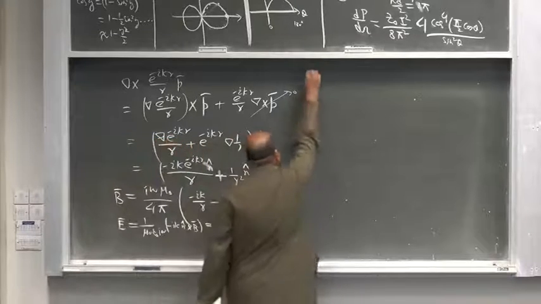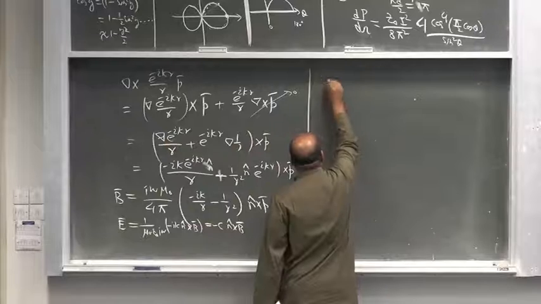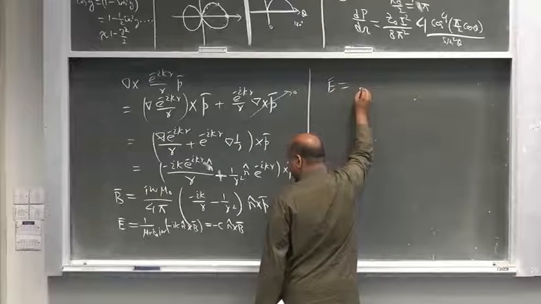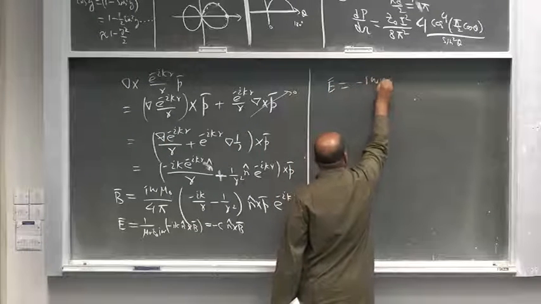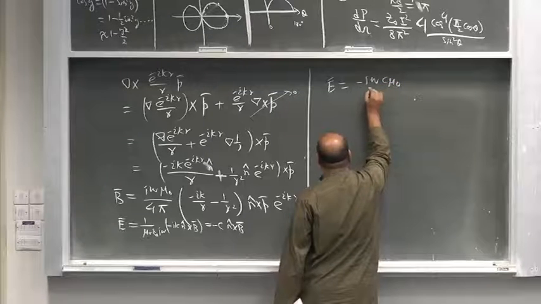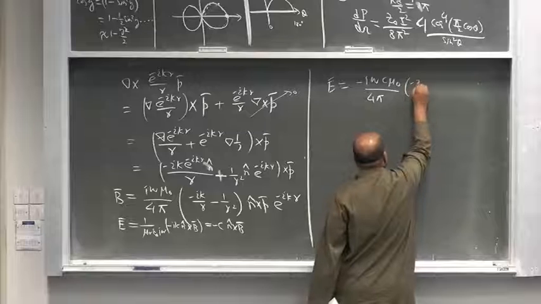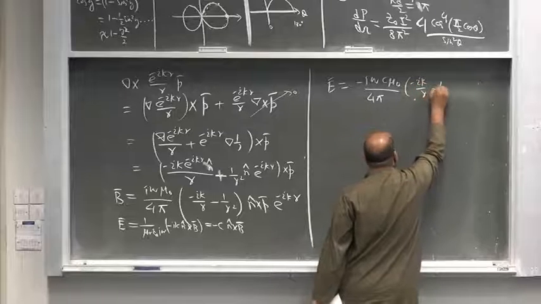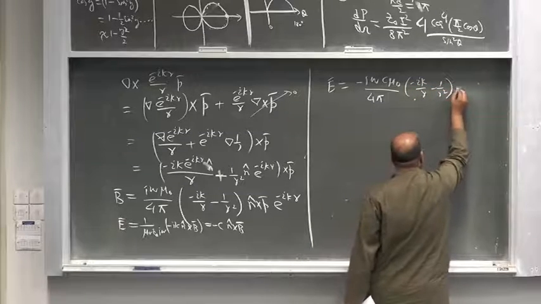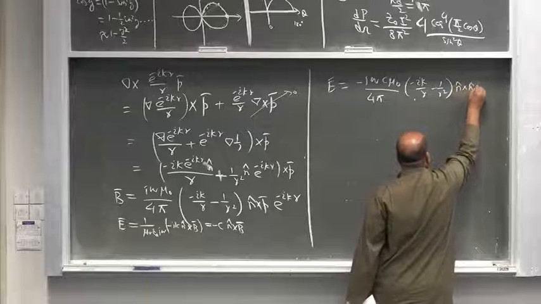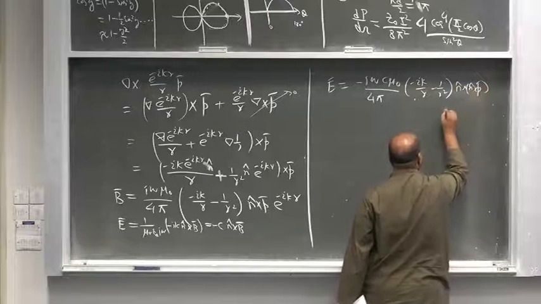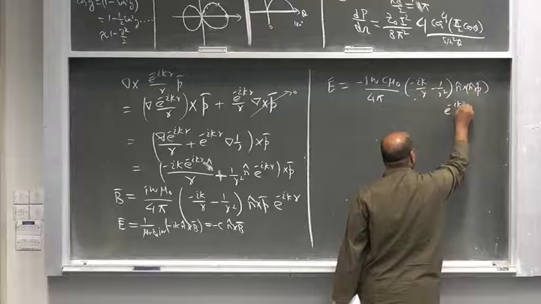So this gives us E as minus iota omega c mu naught over 4 pi, n cross p, minus delta.